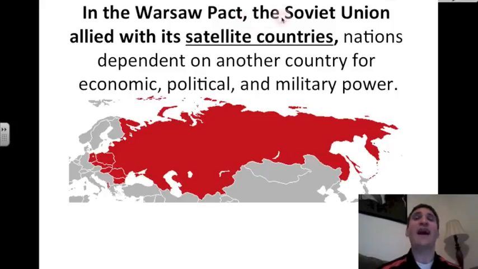In the Warsaw Pact, the Soviet Union allied with its satellite countries. These are nations dependent on another country for economic, political, and military power. So these Eastern European countries became the Soviet Union's satellite countries: Poland, Romania, and so forth.